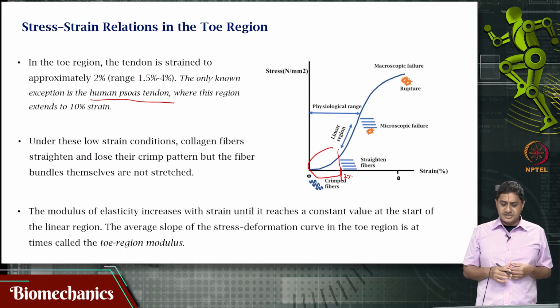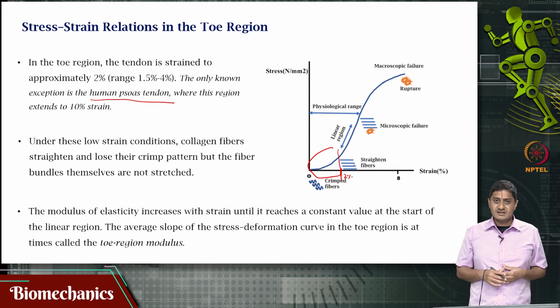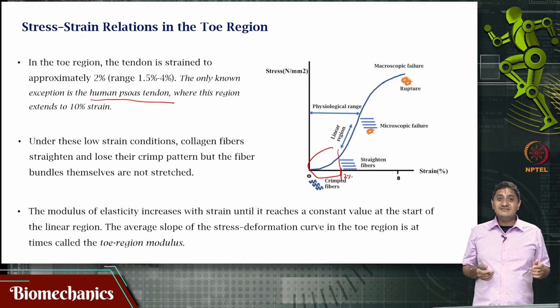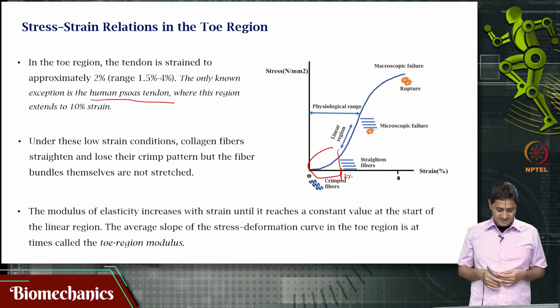Under these conditions, collagen fibers get out of their crimp wavy pattern. They straighten and lose their crimp pattern, but the bundles themselves are not necessarily stretched.